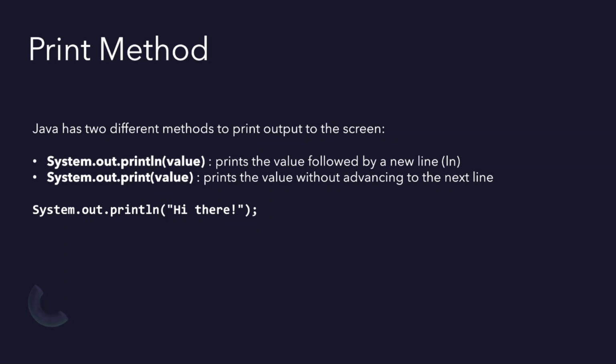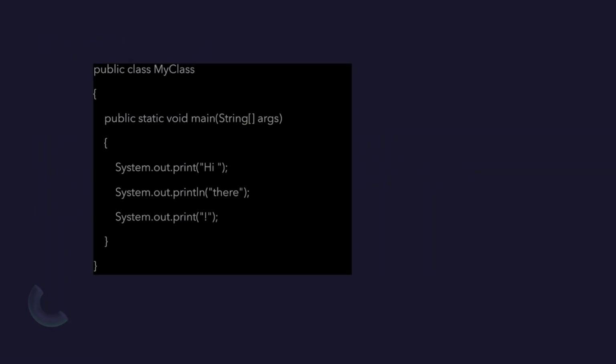So System.out.println("Hi there!") will print out Hi there! and then move the cursor to the next line. So in this program, the code in the black box will output the result in the purple box. The println there will shift the cursor to the new line after the word there is printed, so the exclamation point is in the next line.